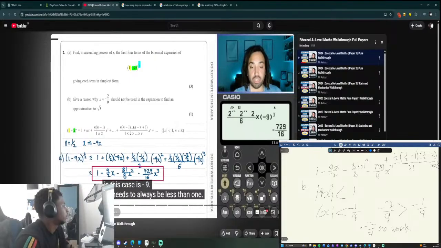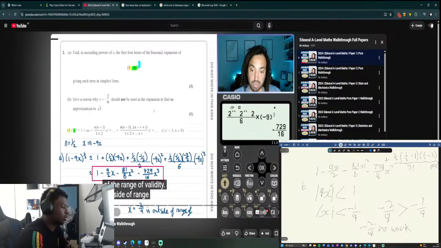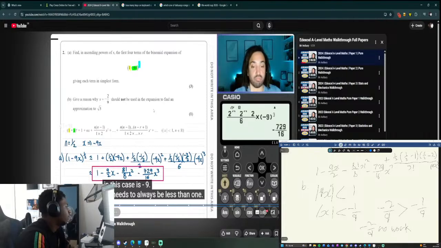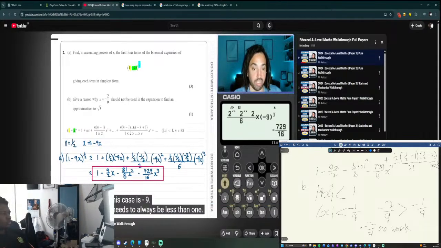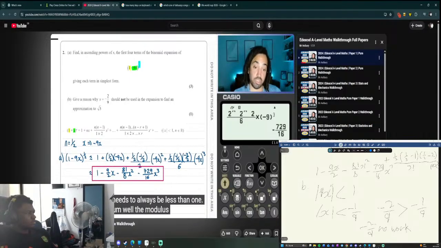So -2/9 is outside of the range of validity, we ignore it. X needs to always be less than 1. Well, the modulus is going to take care of the minus sign there.